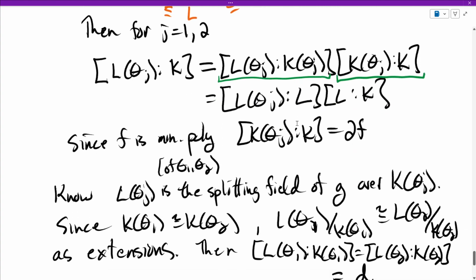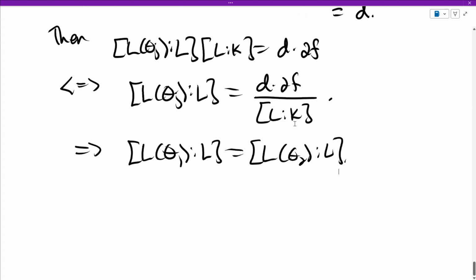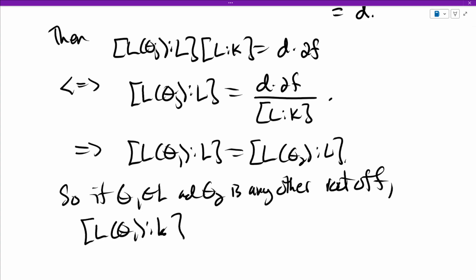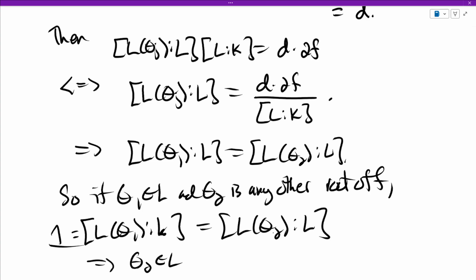That was kind of a lot, so you might want to go back and rewatch this. But this says that if theta 1 belongs to L and theta 2 is any other root of our polynomial f, then the degree of L adjoin theta 1 over L is of course 1, but that's also the degree of L adjoin theta 2 over L. And so that tells us that theta 2 is also in L, because when you add it, you don't increase the degree.